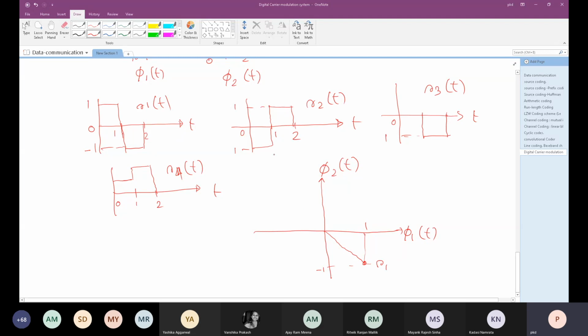Now S2 we have this one is minus 1, and that one is plus 1. This is S2. Similarly, we can have S3, S4. So S3, phi1 is 0, and then that one is minus 1.